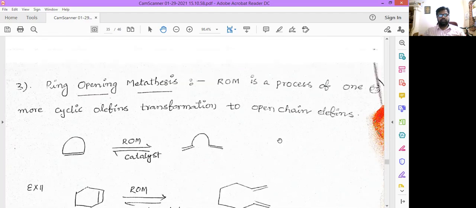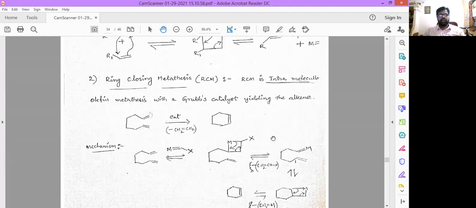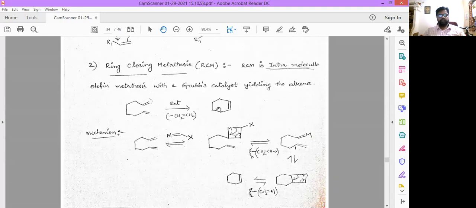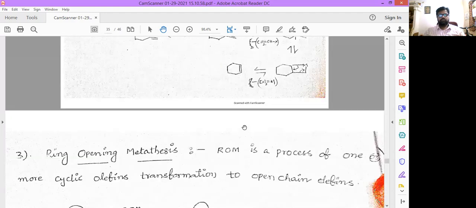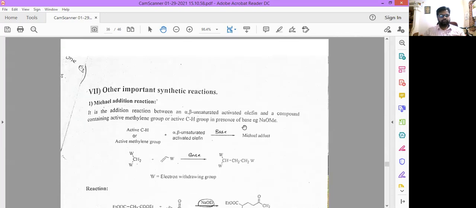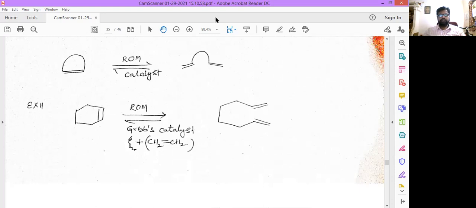So the ROM forward reaction is the RCM backward reaction. You can see here this product converts to this, and here this product converts to this. So both are the same. The forward direction is RCM, the backward direction is ROM, right? So till now, today I'll complete here only.